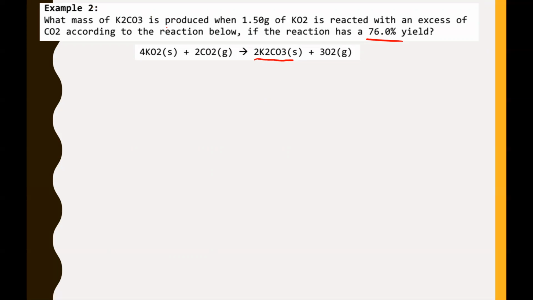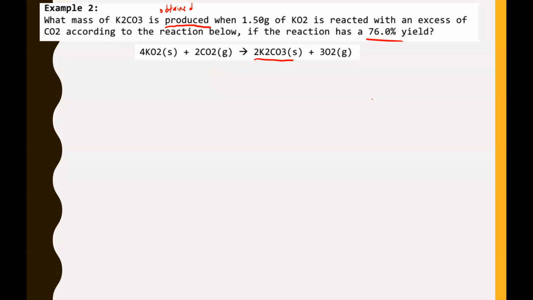Now, since it's asking what's being produced, that we can assume is going to be our obtained. Now, traditionally in the past, we would have said the obtained was the same as the expected because all the other questions we've ever done have just assumed it was a 100% yield. But because we're actually looking at what is produced and we know how much percent yield we have, we have to recognize that that's going to be a little bit different than what our actual expected value would be.